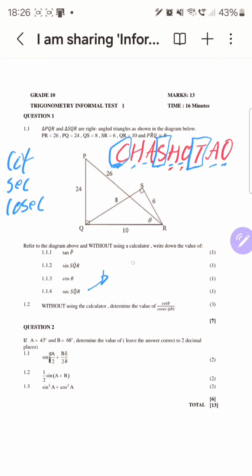Cosec is the reciprocal of sine, cot is the reciprocal of tan, and sec is the reciprocal of cos.